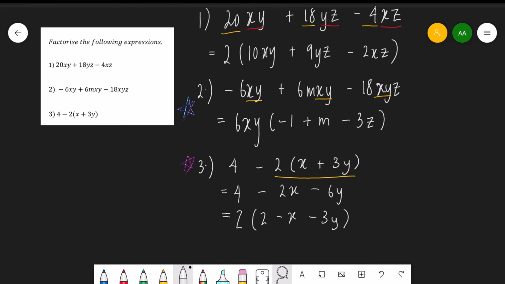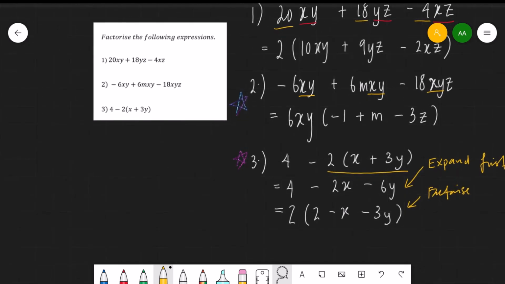So for question number 3, the thing to remember is to expand first, like what we have done in this part, followed by factorize your expression.